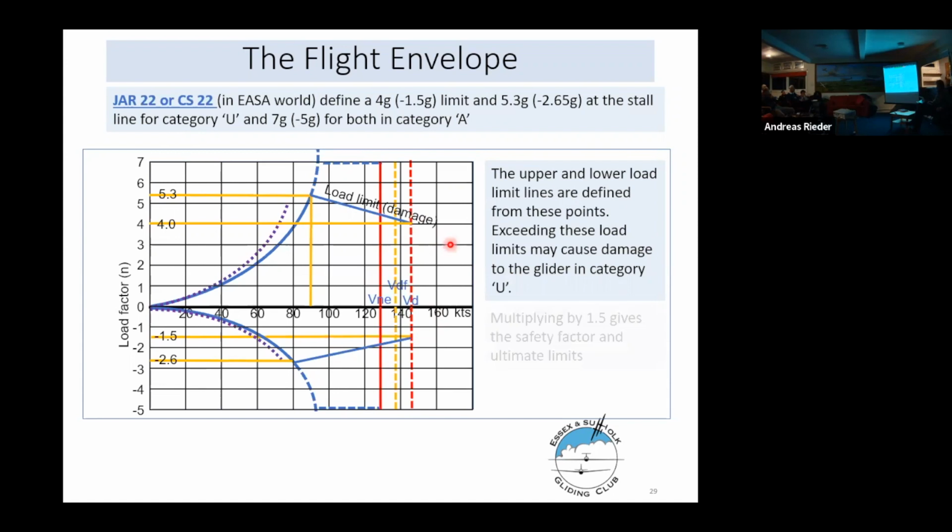I've already mentioned that. There is a safety factor built in, which is the ultimate load point, which is 1.5 times those values. So if you exceed the load limit, you cause elastic damage. If you exceed the ultimate load, something will probably break.